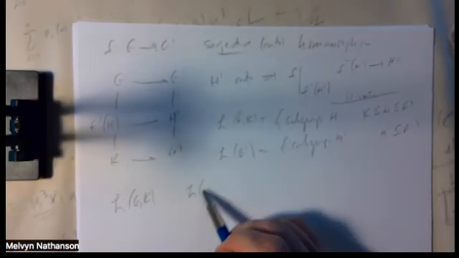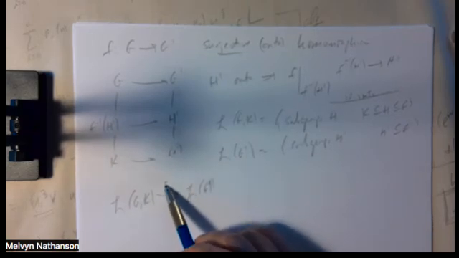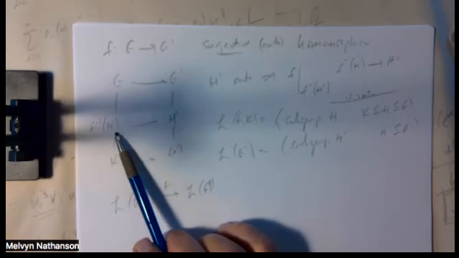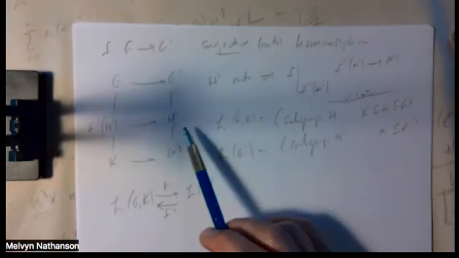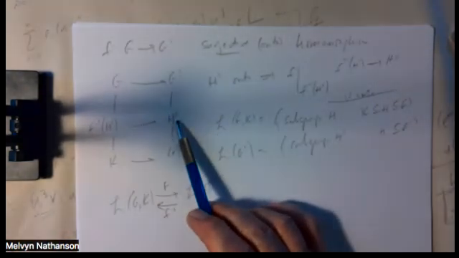So from L of G, K to L of G prime, if I take the homomorphism F, it sends every subgroup of G that contains K to a subgroup of G prime. And F inverse takes every subgroup of G prime to a subgroup of G that contains K.